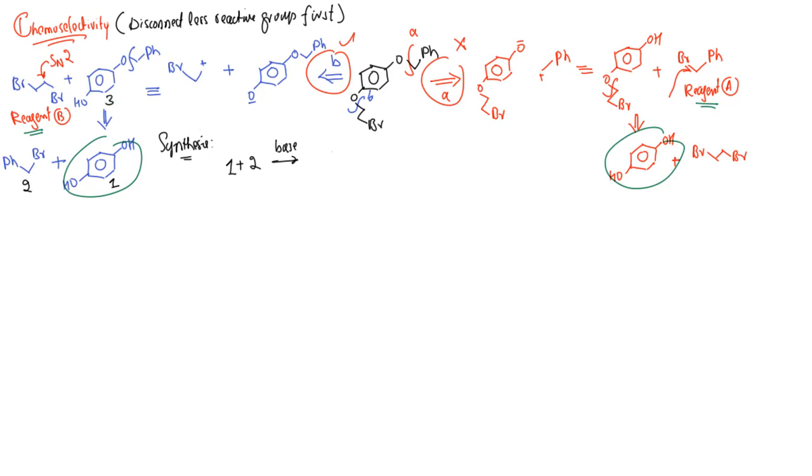This 3 will then be exposed to basic conditions to get the phenoxide ion again, and then the phenoxide ion will be reacted with reagent B to get the target material. Here this species is the target material from where I started.